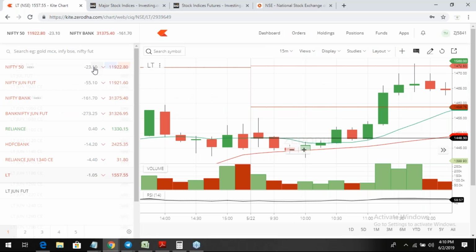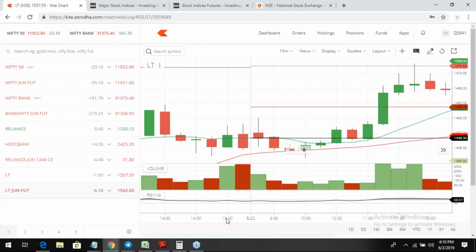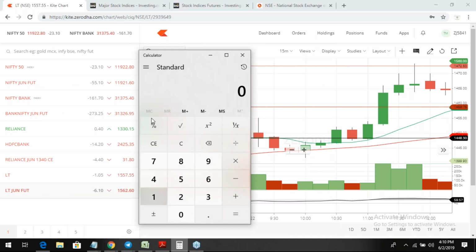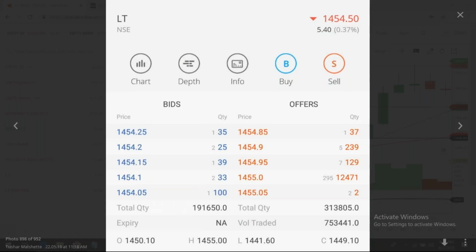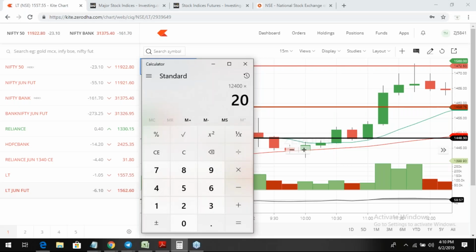The stock goes 20 rupees upside, and there were almost 12,400 sellers. How much loss have those people made? 2 lakh 40 thousand.